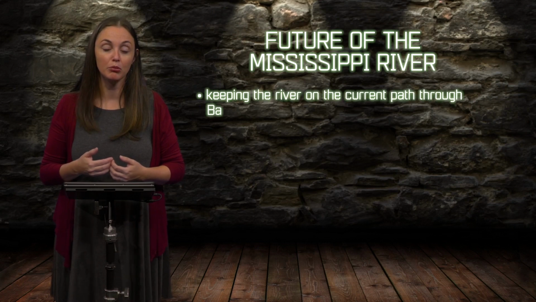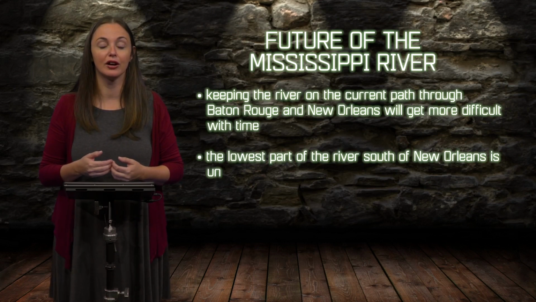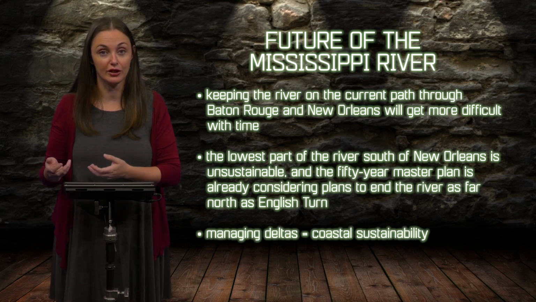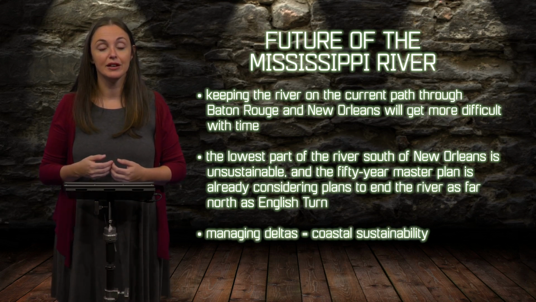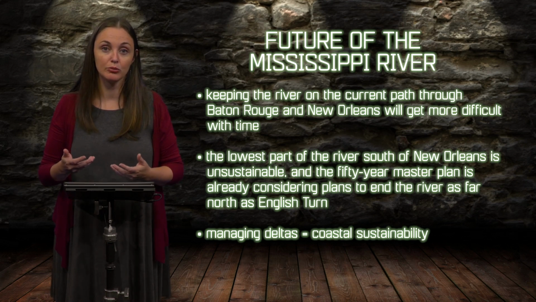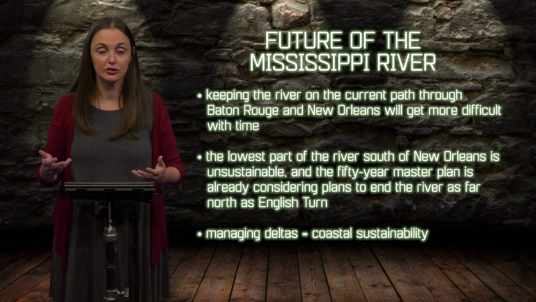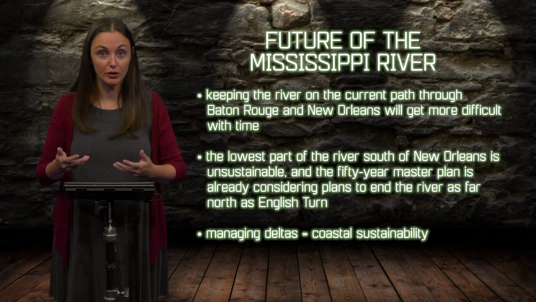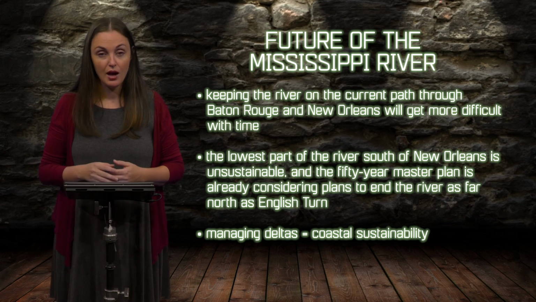Keeping the river on its course is becoming more and more difficult as the river has a greater and greater need and want to move down the Atchafalaya River. This can be mitigated to some amount with freshwater diversions, of which the Morganza Spillway and the Bonnet Carré Spillway are examples.